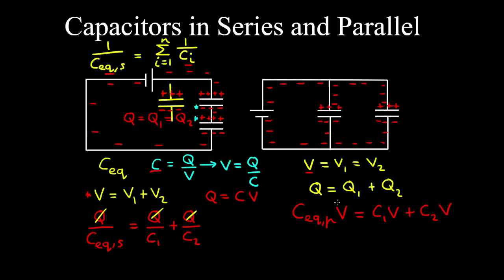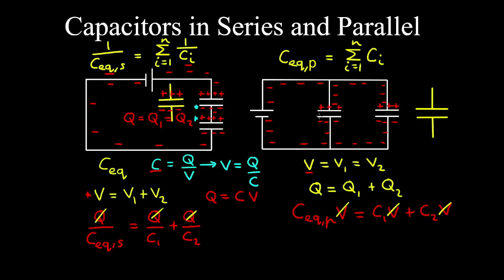So as we said, the voltage is constant, so that's going to drop out, and therefore we have the equivalent capacitance of a set of capacitors in parallel is the sum over the number of capacitors, and we're summing the capacitance of each capacitor. So as you can imagine, in this case, the equivalent capacitor is going to have a higher capacitance than the individual capacitors.